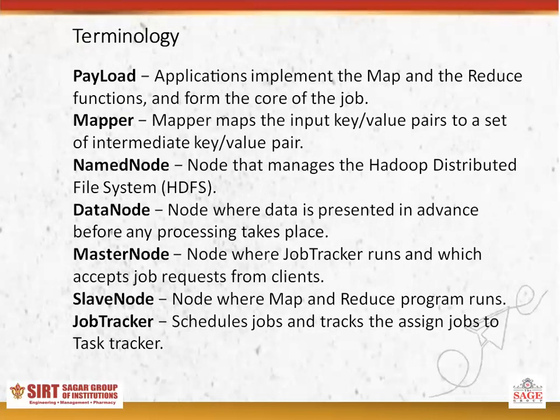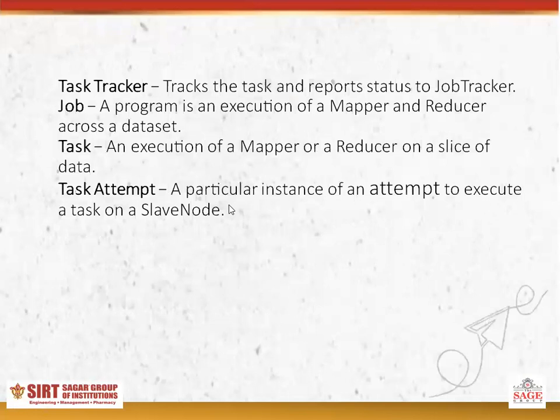It is a node where the job tracker runs and accepts job requests from the client. Slave node. Here the map and reduce programs run. Job tracker schedules jobs and tracks the assigned jobs to the task tracker. Next, task tracker. The task tracker tracks the tasks and reports the status to the job tracker.